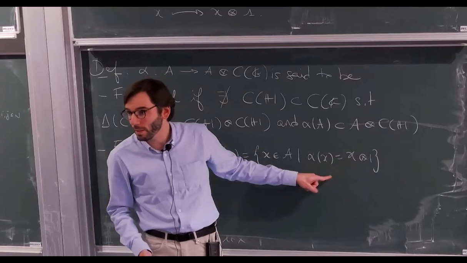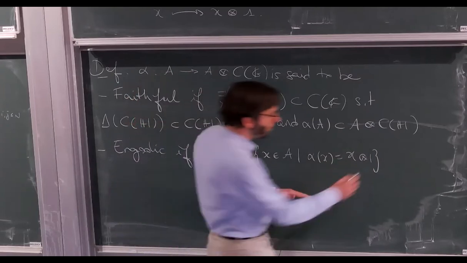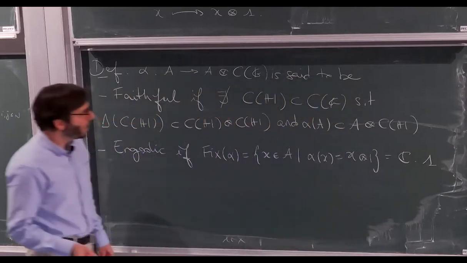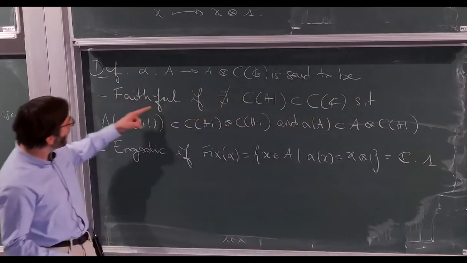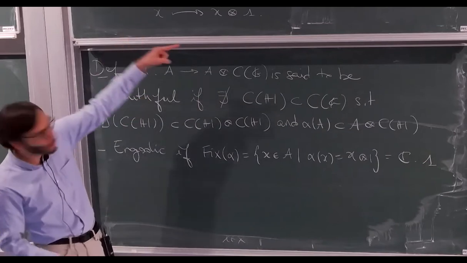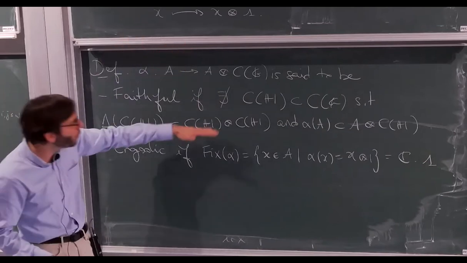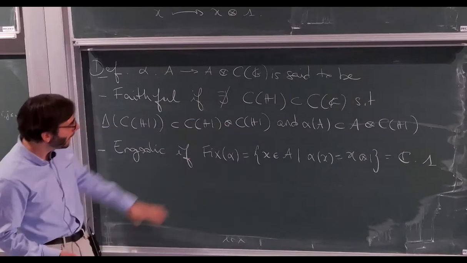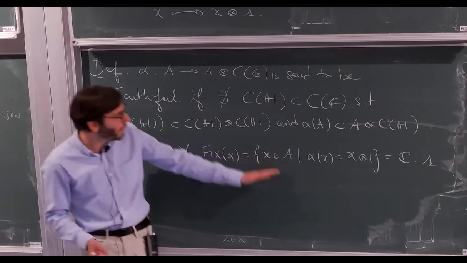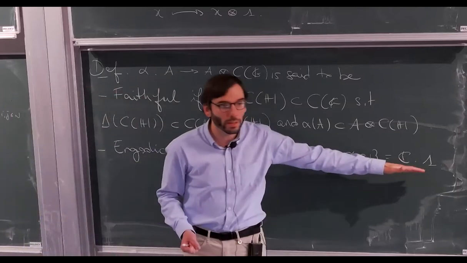So ergodic means this is the only thing you have in there. So this is just C times 1. This is a way of saying it's non-trivial because the trivial action is exactly the action which comes from the trivial subgroup, right? So you're ruling out anything like the trivial action. That's another way of ruling it out. You're saying the only elements on which we can act trivially are just the unit and its multiples.